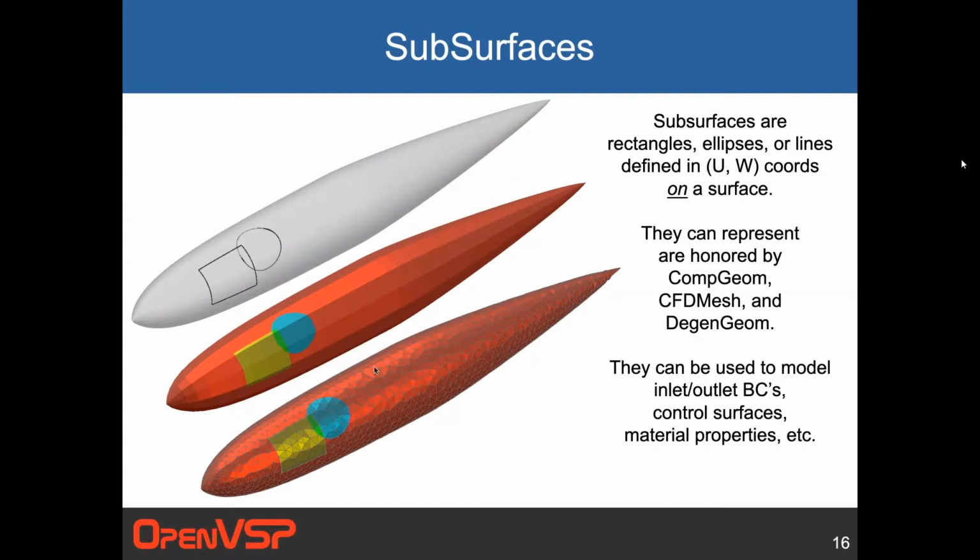In a similar manner, CFD Mesh obeys those kinds of rules and will mark out and make a mesh that obeys subsurfaces. You can use them for all kinds of purposes, and they come in very, very handy.